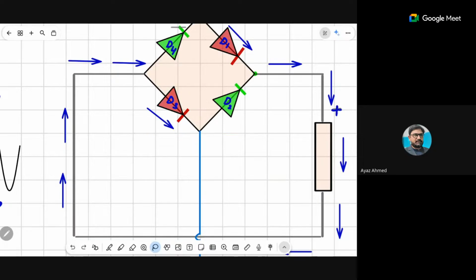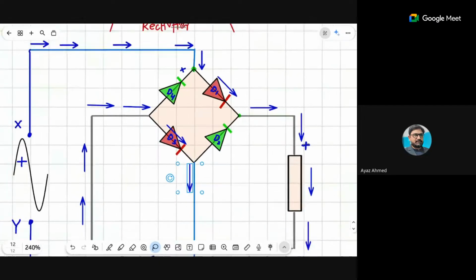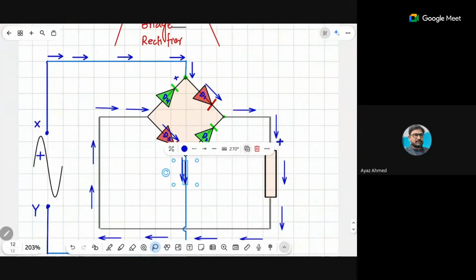Are you getting my point? Because current was entering from that side, from the head of diode number 4, so that is higher potential and the tail of diode number 4 is lower potential, so that is why this all happens. So your current will be flowing down.